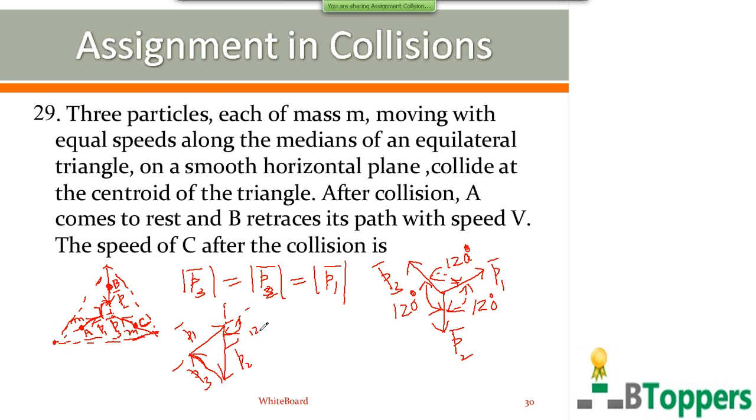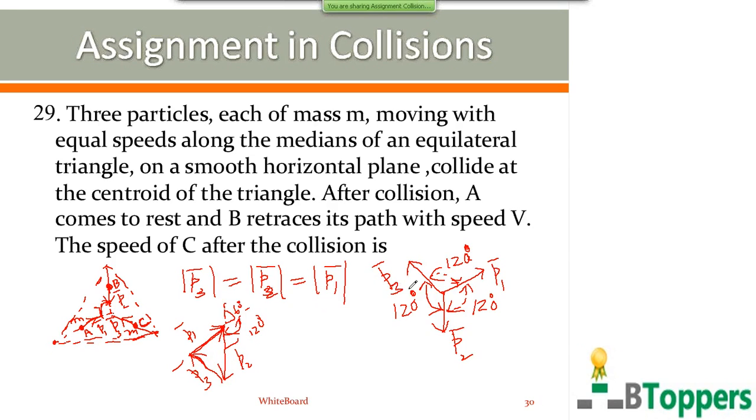This is 120 degrees, so this is 60 degrees. There is one conclusion which I discussed as a corollary to the triangle law of vector addition. If three vectors can be graphically represented along the three sides of a triangle, all taken in the same order, that means one vector attached to the other vector, then the magnitude of their vector sum is 0. So based on this conclusion, which I have already discussed.